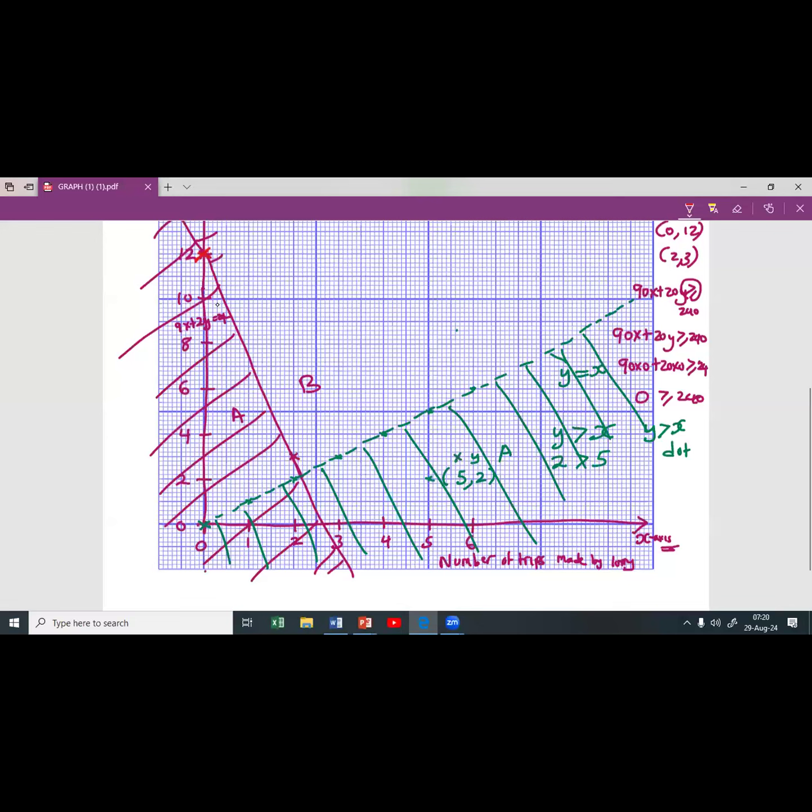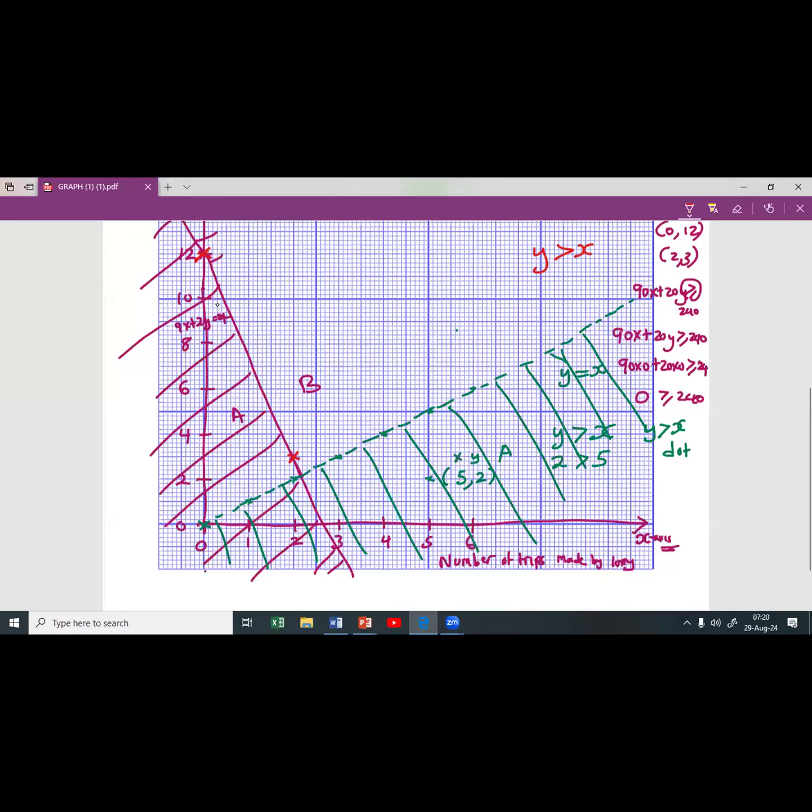I'm confused on this line of y is greater or equal to x, where it was y greater than x, on where to choose the coordinates. At first you've chosen 5 and 2.